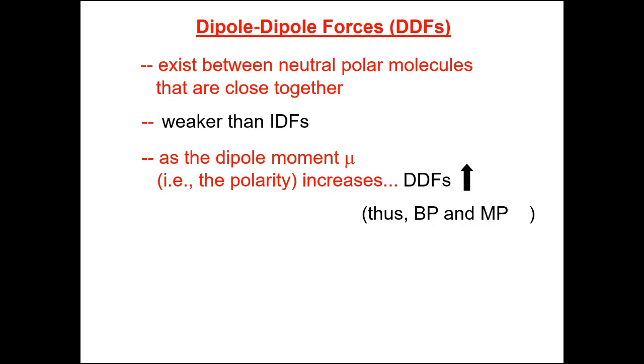So if you have a greater polarity, your dipole-dipole forces are going to be higher, therefore your boiling point and your melting point are going to be higher. So water has a higher boiling point or melting point because it has great dipole-dipole interactions. The oxygen and the hydrogen have a great difference in electronegativity, so we get that interaction.